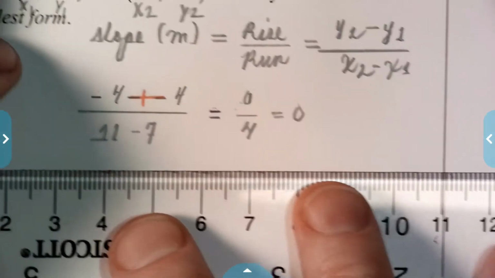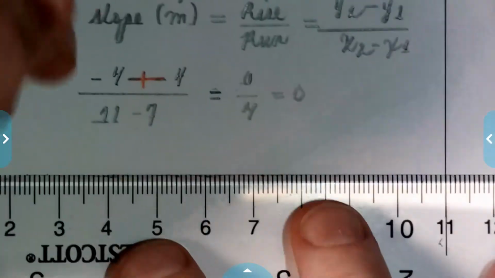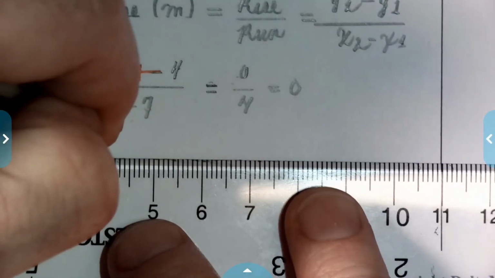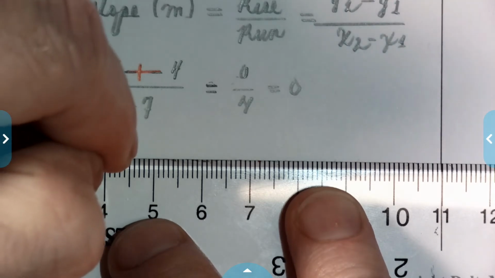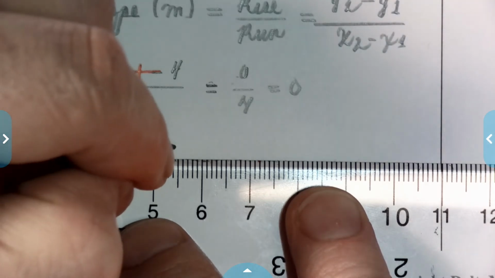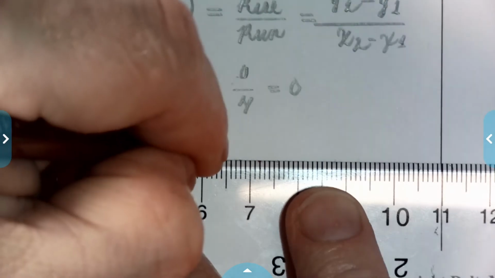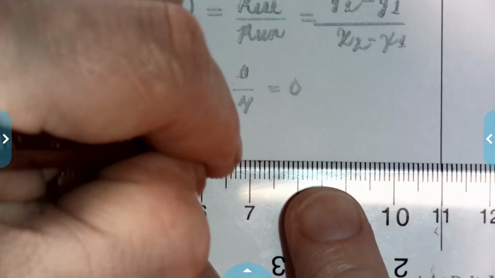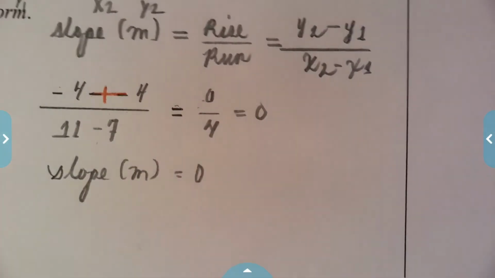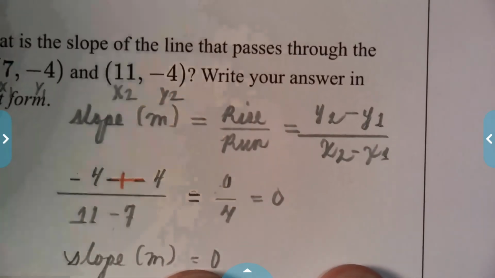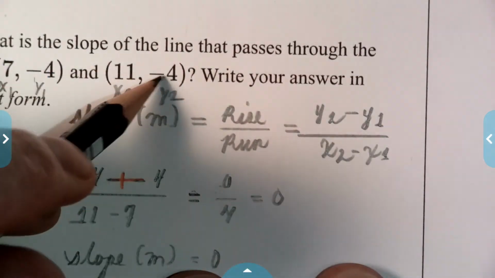Okay, what might that mean? So the slope m equals 0. This can only mean one thing. And you can tell by the duplicate y values here.